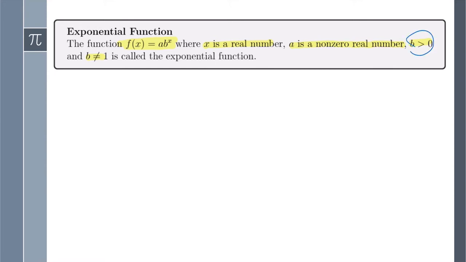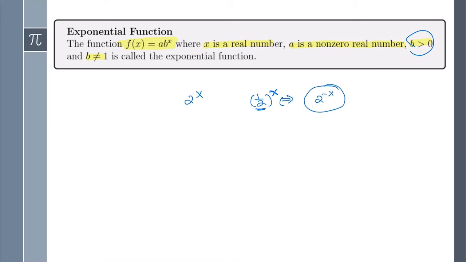So we can go back to those functions, 2 to the x and then 1/2 to the x. You might think that 1/2 is not greater than 0. It's still an exponential function, because we can write this as 2 to the negative x.